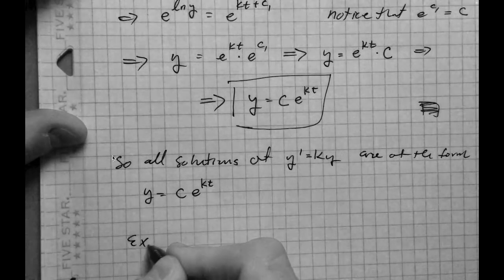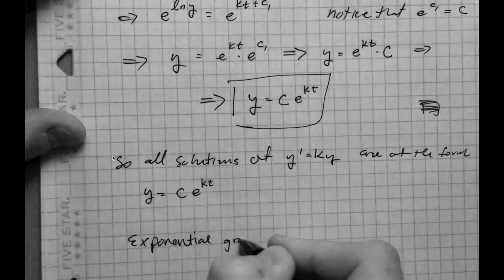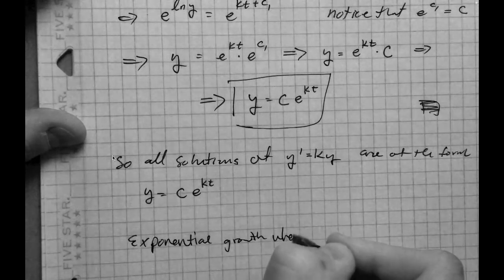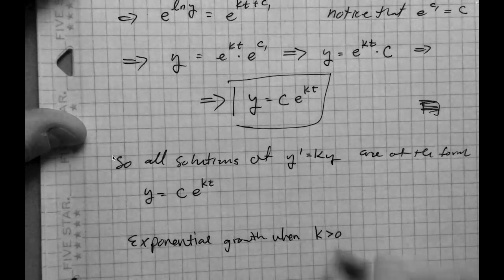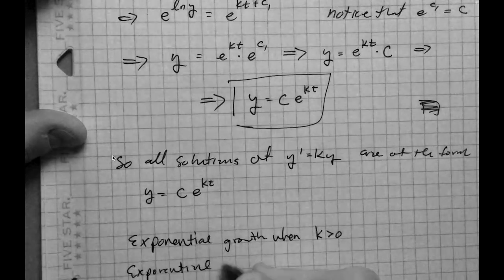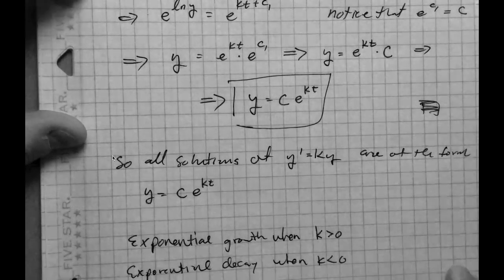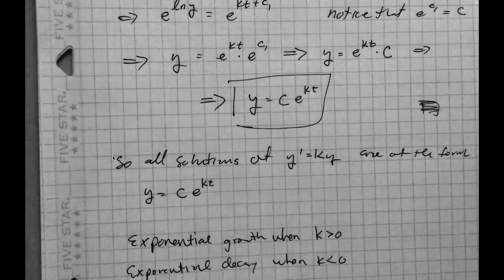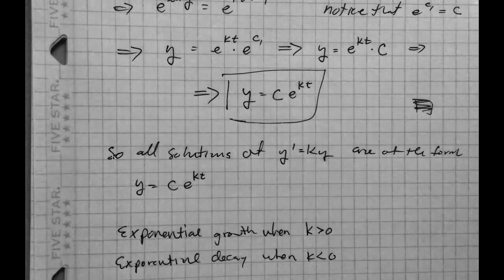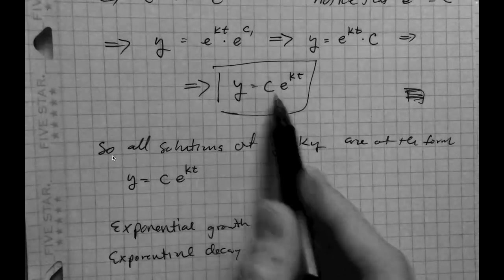And so I'm sure you could guess, but exponential growth when k is greater than 0, and exponential decay when k is less than 0. And of course, static, not moving at all, when k equals 0. So a totally uninteresting example would be k equals 0. Then it's just y equals a constant.